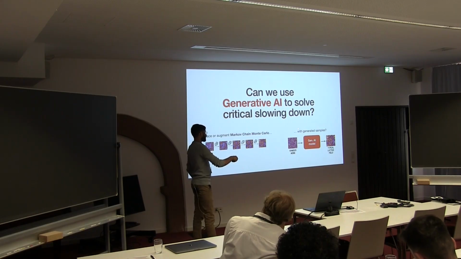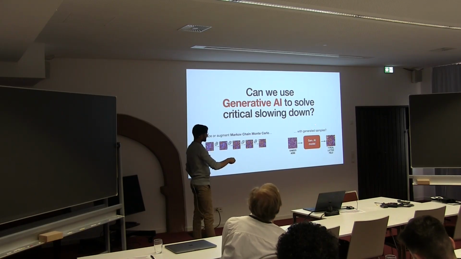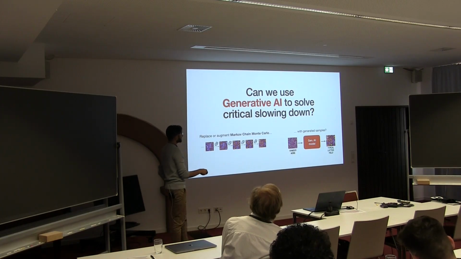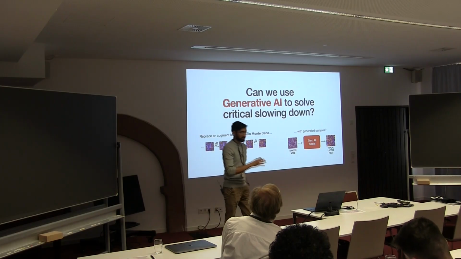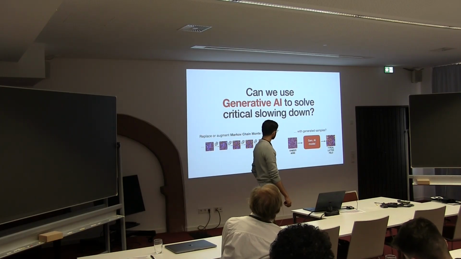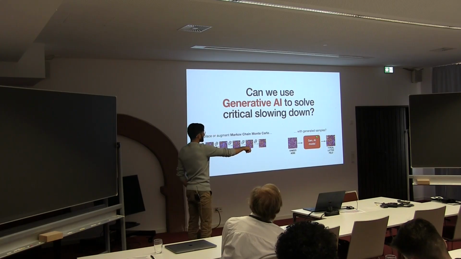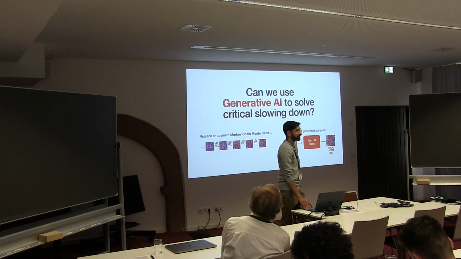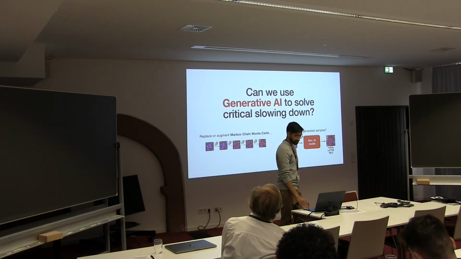Though I haven't mentioned it yet, the structure of these models typically involves starting from some independently drawn random noise, passing it through a deterministic transformation, or possibly a non-deterministic random transformation, and outputting what should hopefully be a sample distributed according to this e to the minus action distribution. And because this is a totally independent sampling procedure, there's no correlations built into the samples drawn from this approach. So that's the idea of why it could conceivably solve this critical slowing down problem that has to do with Markov chains.